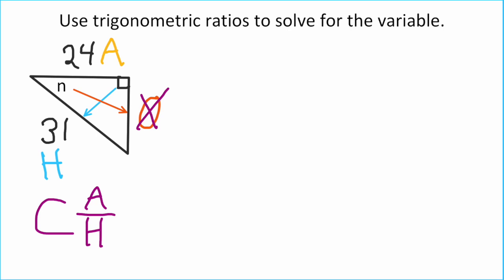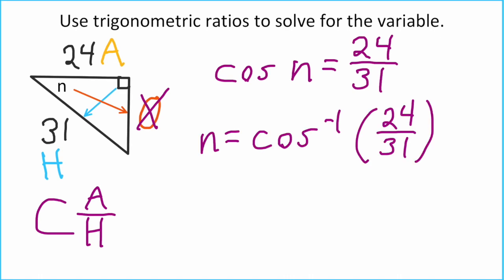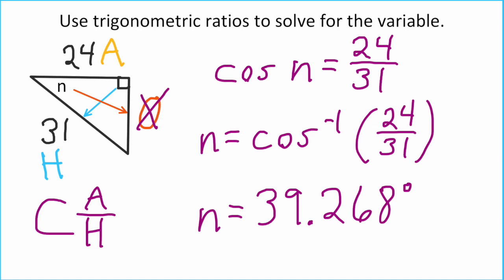So we're going to use cosine. Cosine of N equals 24 over 31. That means N is exactly equal to the inverse cosine of 24/31. On a calculator, we round it to 3 decimal places and we get 39.268 degrees.